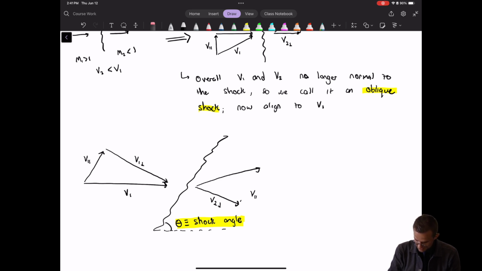So V parallel is the same, and the overall velocity gets deflected, and that deflection angle, measured relative to the incoming overall velocity direction, is denoted as delta. So delta is the deflection angle. That's the change in direction of the overall flow.